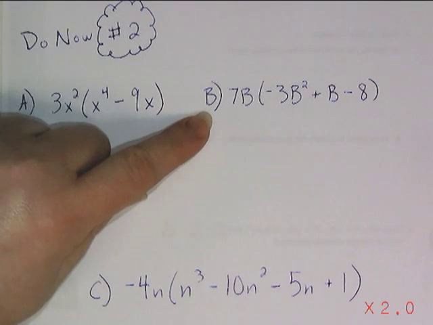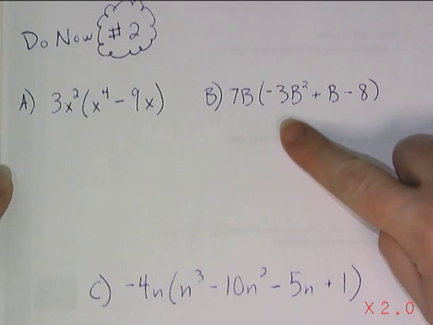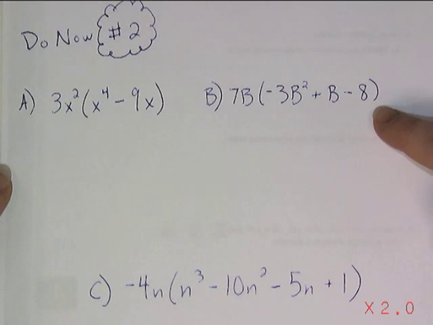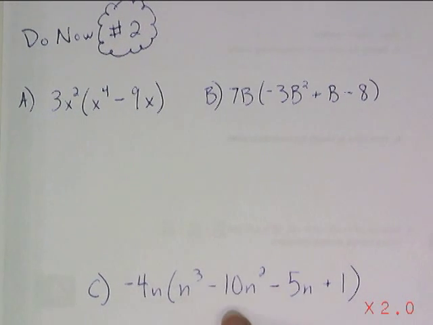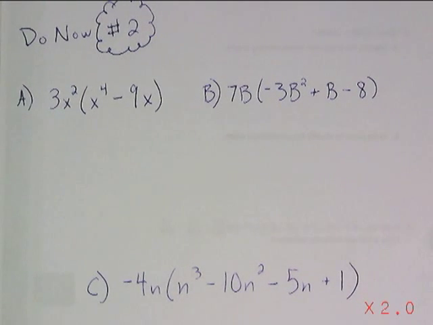Letter B, the problem is 7b multiplied by the quantity negative 3b squared plus b minus 8. And letter C, negative 4n times the quantity n to the 3rd power minus 10n squared minus 5n plus 1. Pause now and start again once you're done.